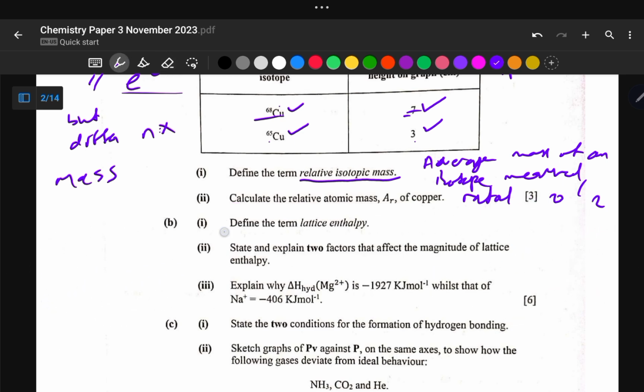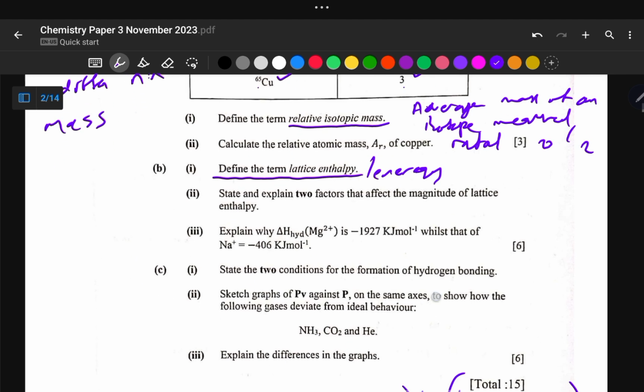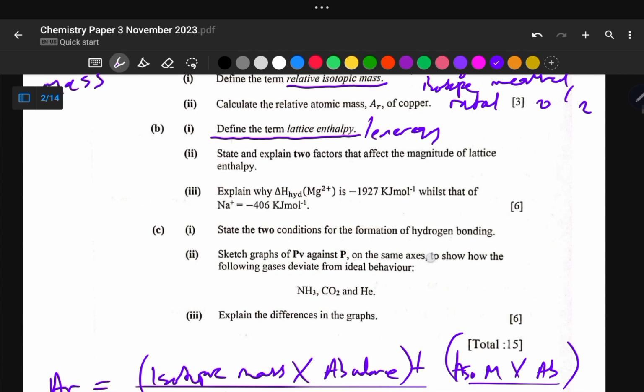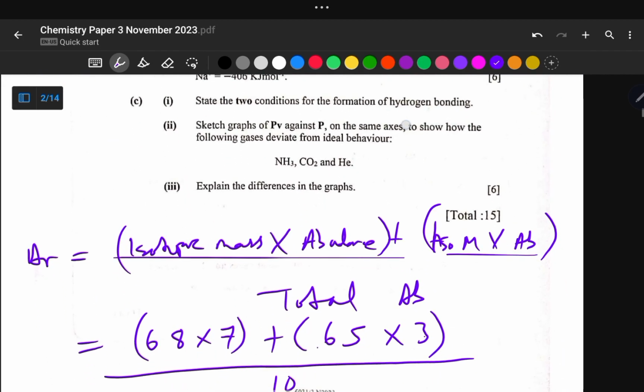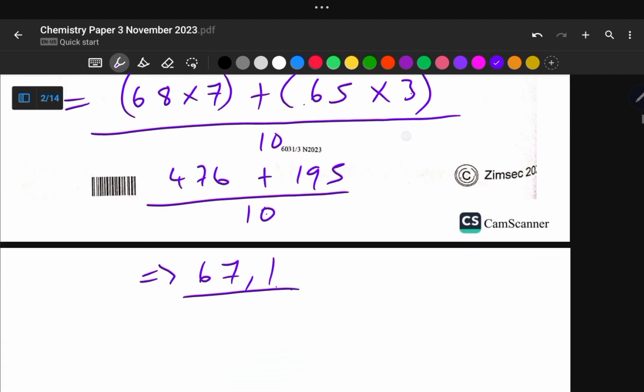We are required to define the term lattice enthalpy. It can also be called lattice energy. Lattice enthalpy is defined as the energy released, or the energy evolved, when one mole of a solid ionic compound is formed from its gaseous ions under standard conditions.